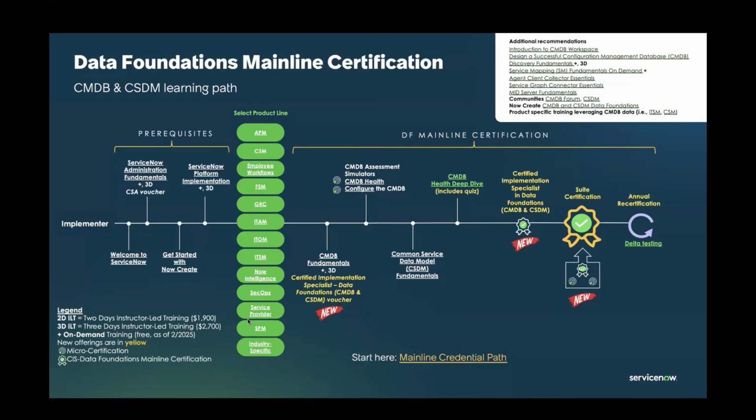Those are all the components. So all these courses on the left are the prerequisites that you really have to take in order to eventually receive the voucher. The voucher you will get when you take CMDB fundamentals, which is kind of in the middle.